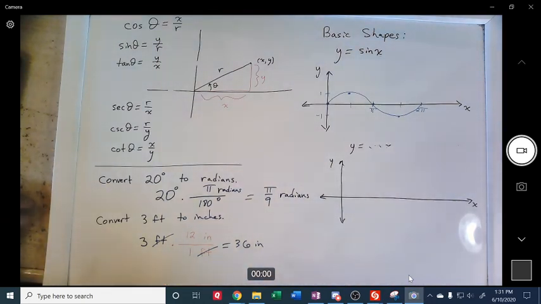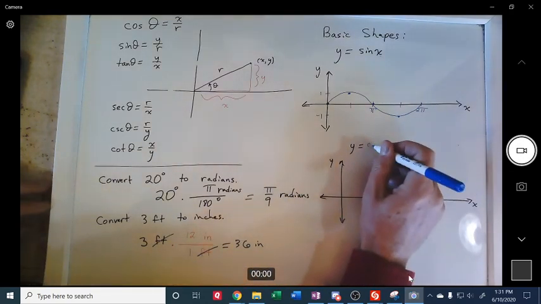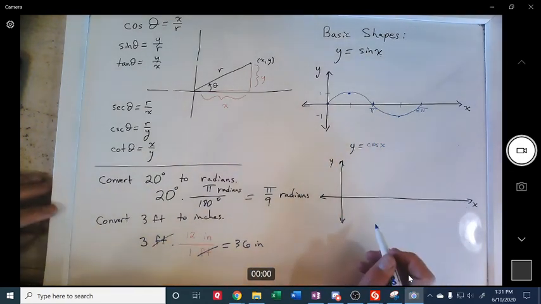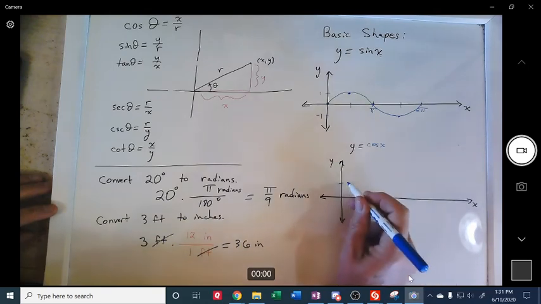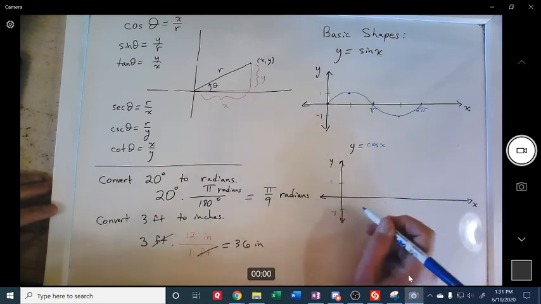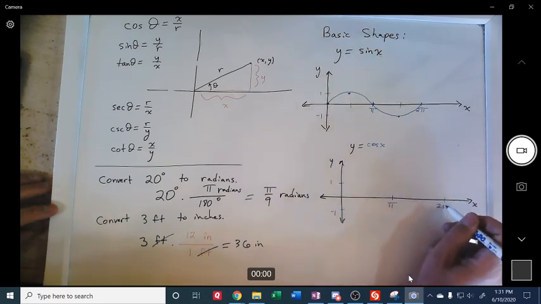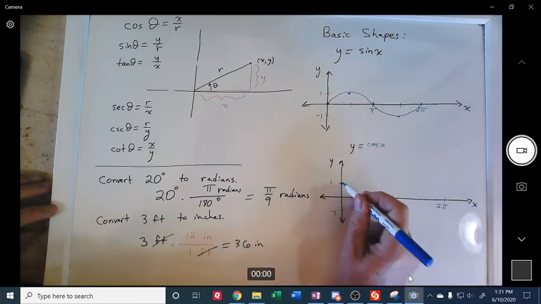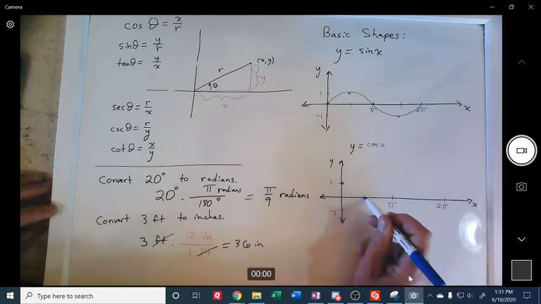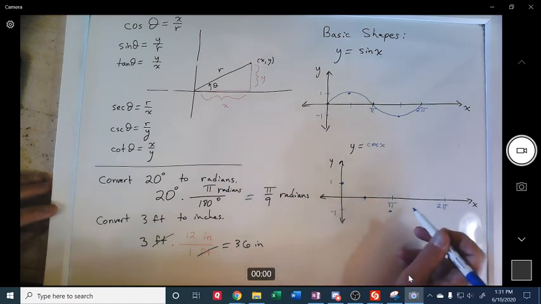And the cosine, I erased that. It starts at the highest. Every quarter it changes.